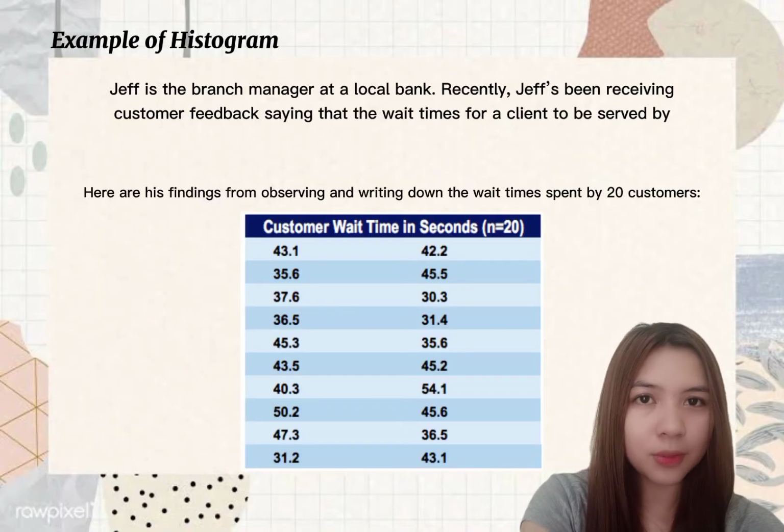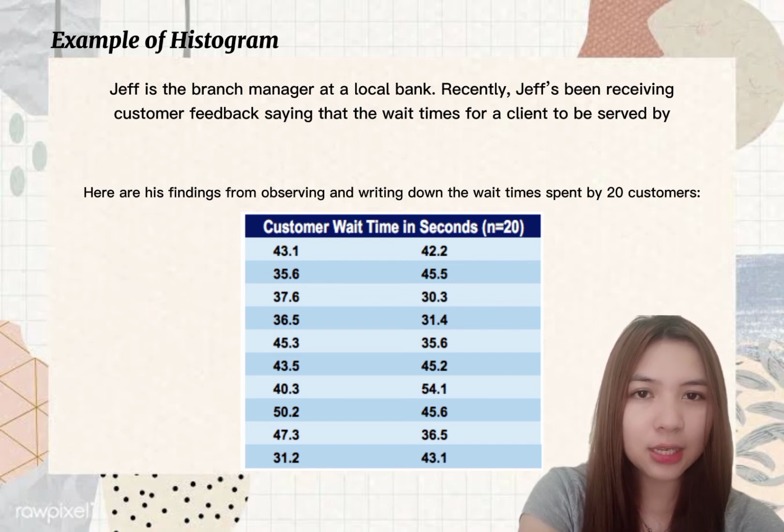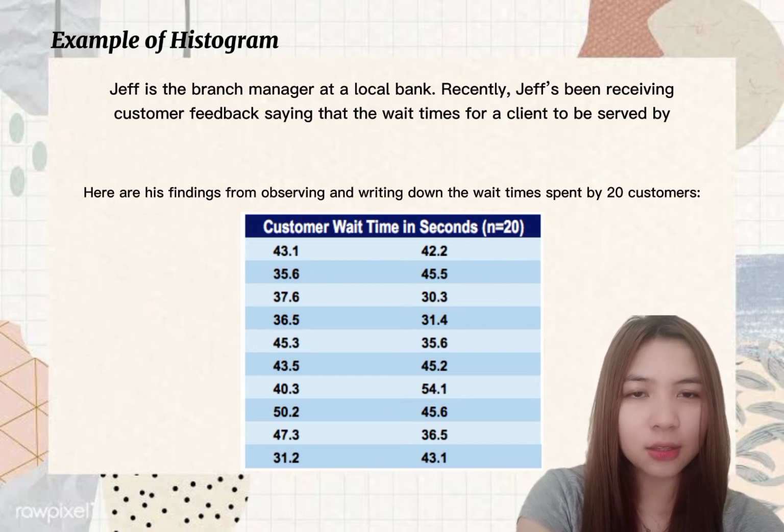For example, Jeff is the branch manager at a local bank. Recently, Jeff has been receiving customer feedback saying that the wait times for a client to be served by a customer service representative are too long.